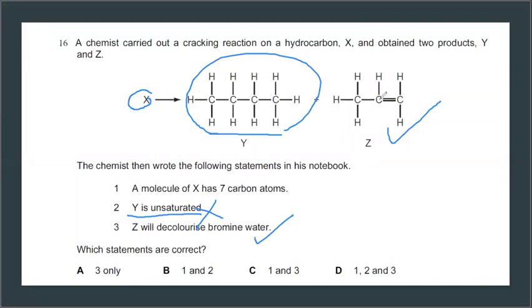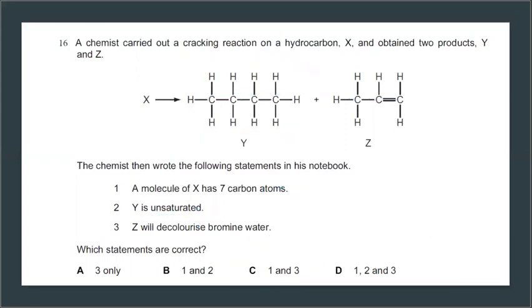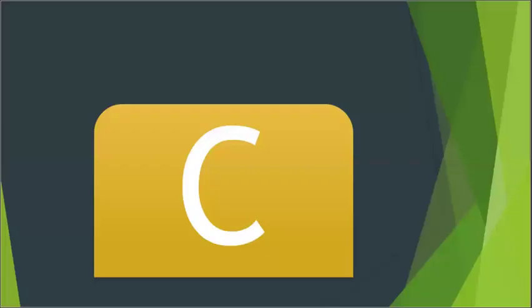Here, 1, 2, 3 carbons. 1, 2, 3, 4. 4 plus 3 is 7. So yes, X could have 7 carbons. So 1 and 3. So the answer is C as in cat. C is the answer I came up with. Let's see what they say the answer is. All right, and the answer is indeed C as in cat.